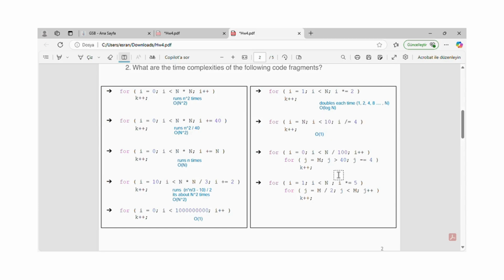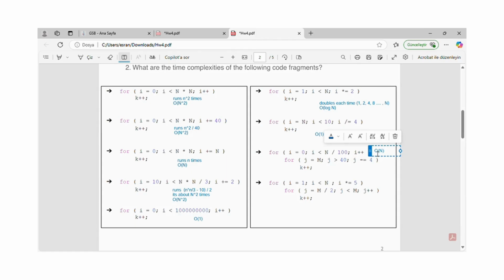Next one is a nested loop. There are 2 for statements. The first for statement, the outer loop, runs O(n) times.